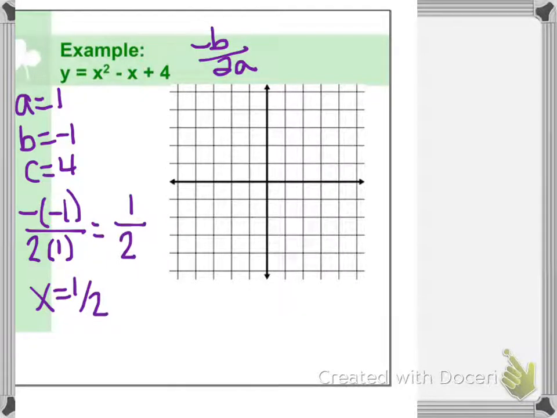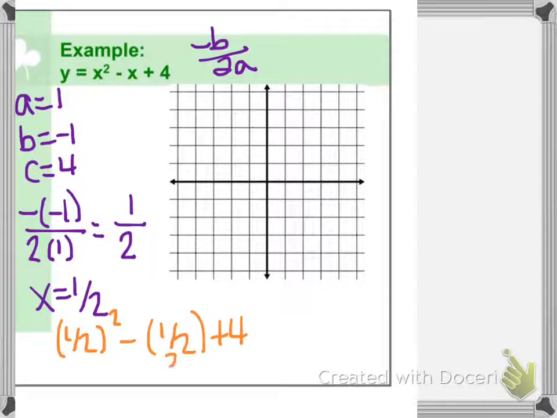I then plug it in to find y. This is everything that we did last week. So (1/2) squared minus 1/2 plus 4. You plug that in to find y.